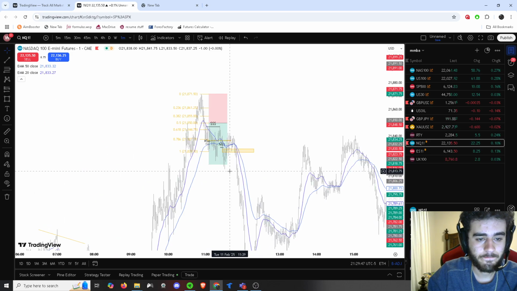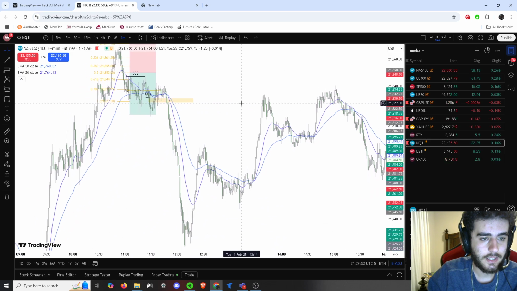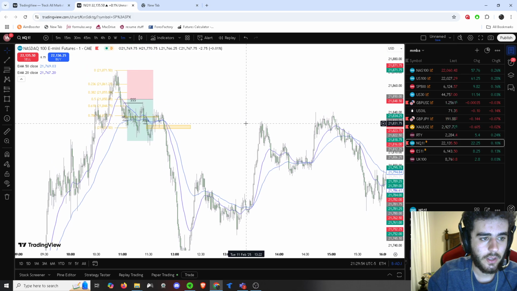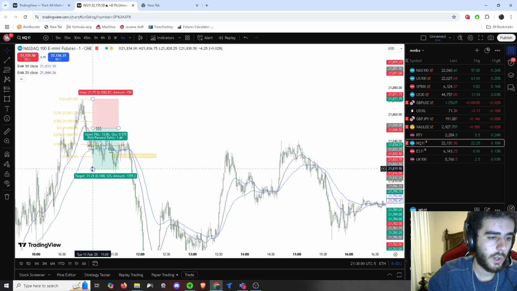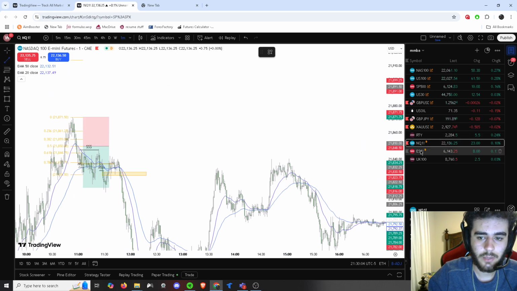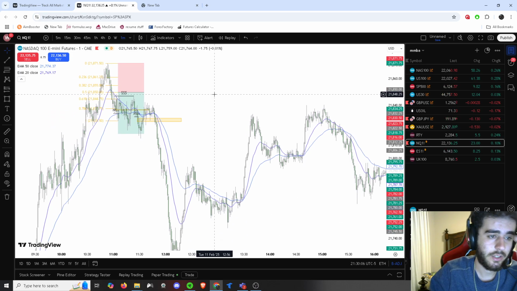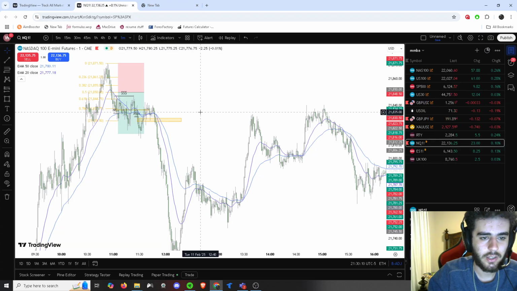Moving on, we have this asset class, which is also related to SMT divergence. So for example, it's a little more complicated. You guys can look that up. It's not that complicated, really. Nothing's ever actually that complicated.